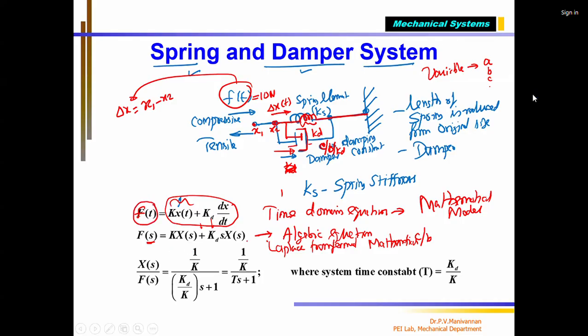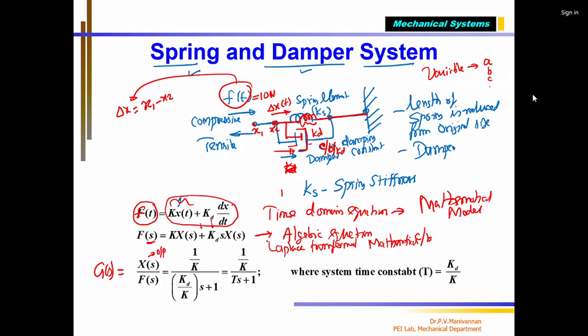We have converted to Laplace. Once we apply that, in a similar way to the previous case, we can write the transfer function G of s equal to x of s divided by F of s, where x of s is the output of the spring and damper system.